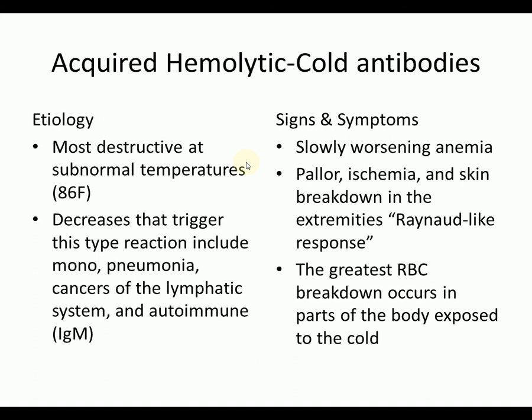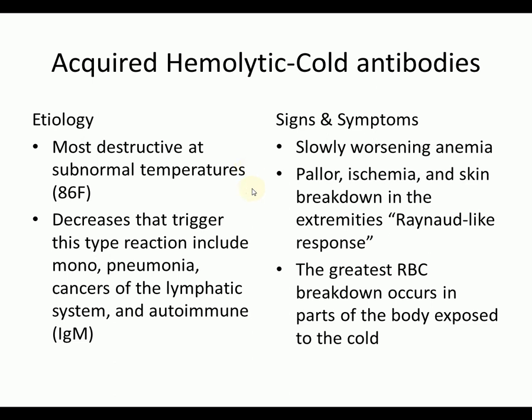Okay, acquired hemolytic cold antibodies. The etiology is that it is most destructive at subnormal temperatures, like 86 degrees Fahrenheit. Diseases that trigger this type of reaction include mono, pneumonias, cancer of the lymphatic system, and autoimmune IgM. Signs and symptoms include slowly worsening anemia, pallor, ischemia, and skin breakdown in the extremities, called Raynaud's-like responses.